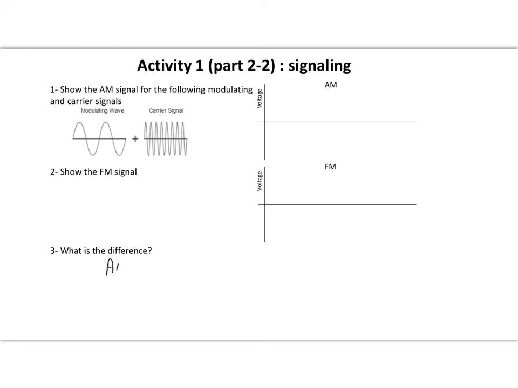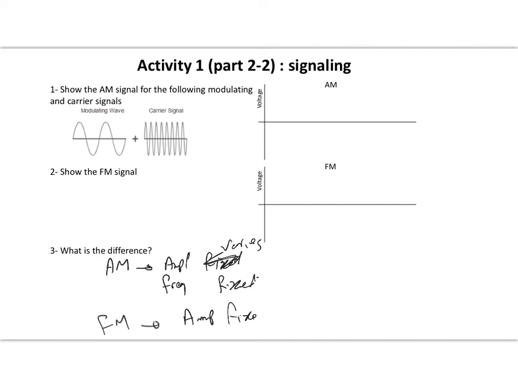For amplitude modulation, the amplitude varies and the frequency is fixed. Whereas for frequency modulation, the amplitude is fixed and the frequency varies. The frequency of the carrier signal, of course.